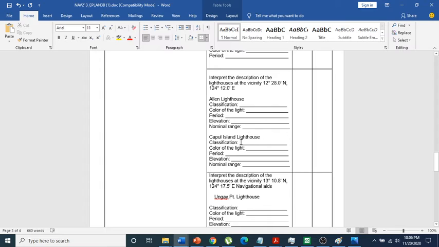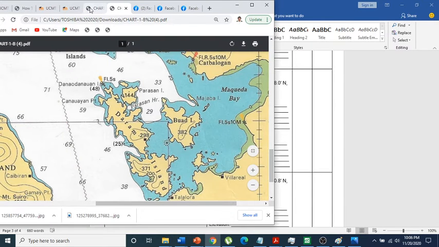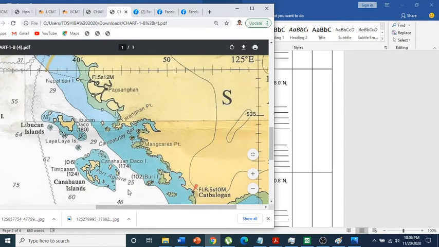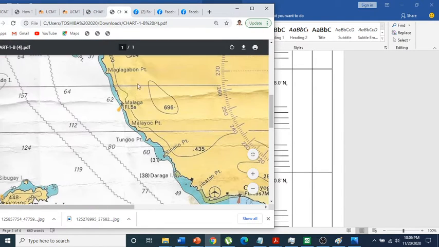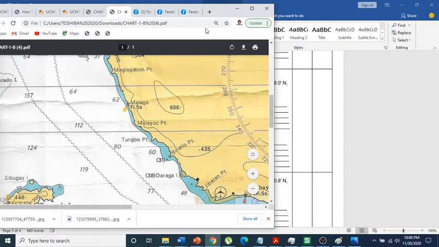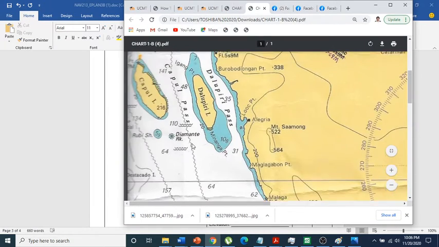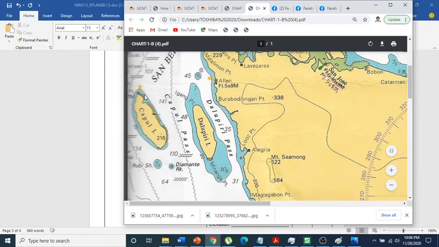If some lighthouse is not so visible, for example this Kapul Island lighthouse, you can see that it's not so visible, so you just put nil.